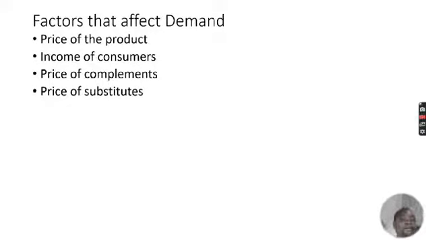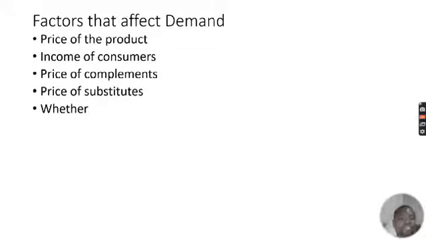Or if the prices of substitutes, let's say coffee and cocoa, go down lower than the price of tea, you find that the demand for tea will go down because people would have shifted to buying cocoa and coffee, which are at a lower price than that of tea. So when the price of substitutes is high, the main product will be of high demand, and if the prices of substitutes are low, then demand for the main product will be low.